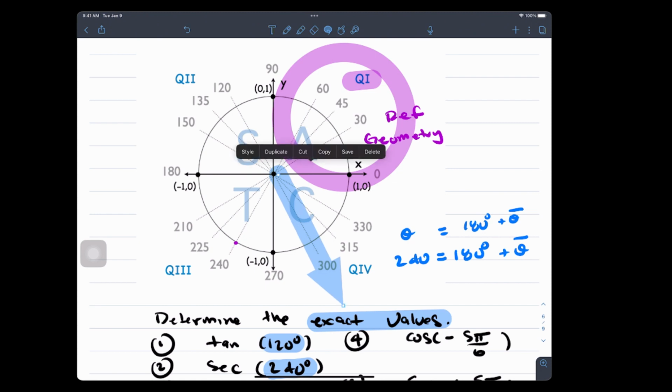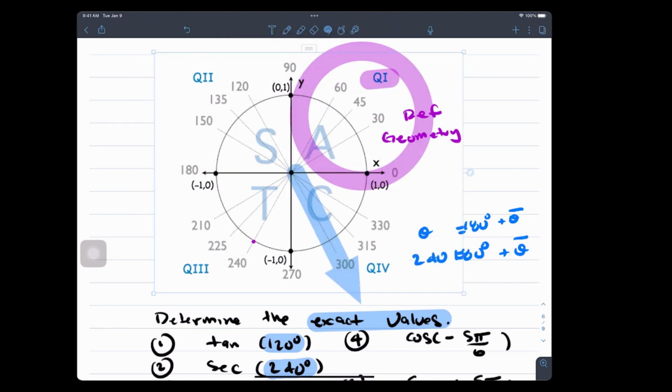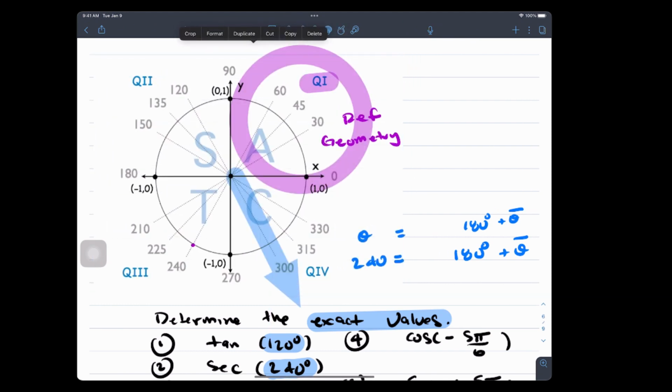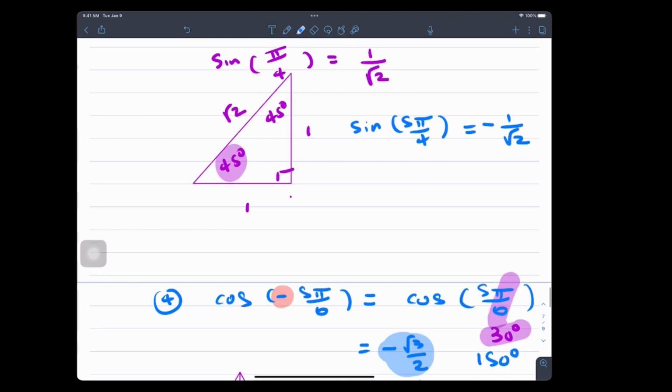It's in quadrant what? What quadrant is that in? Is that quadrant 4? If it's in C, all students take calculus, that means cosine's positive, but it means sine is what? Negative? Okay.